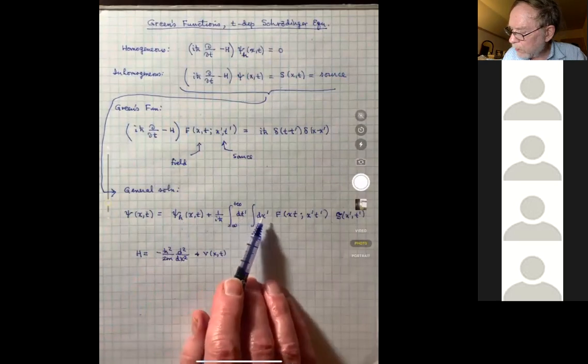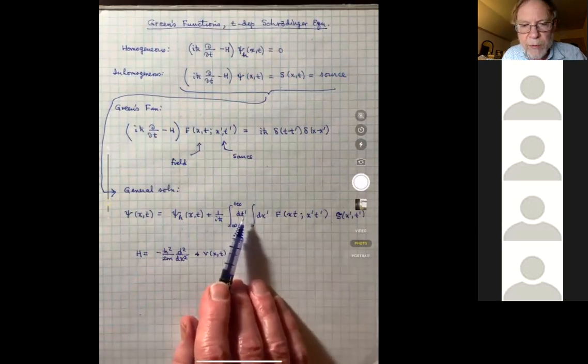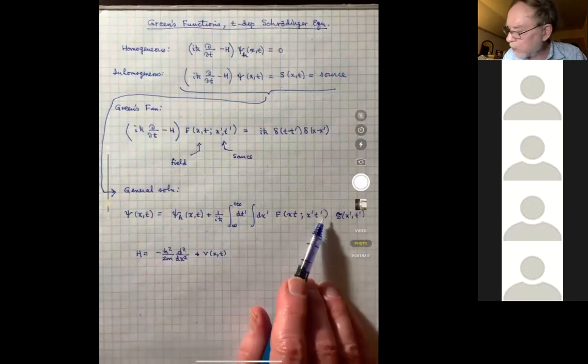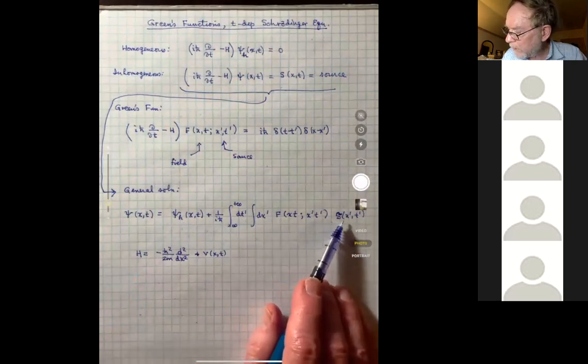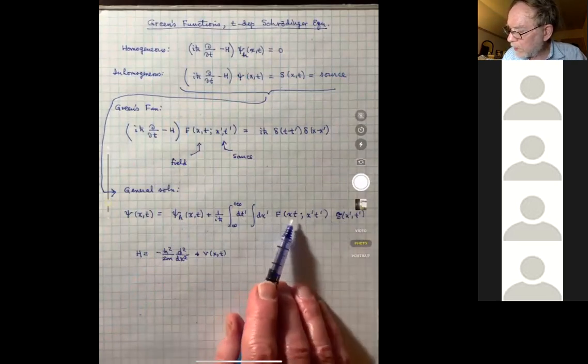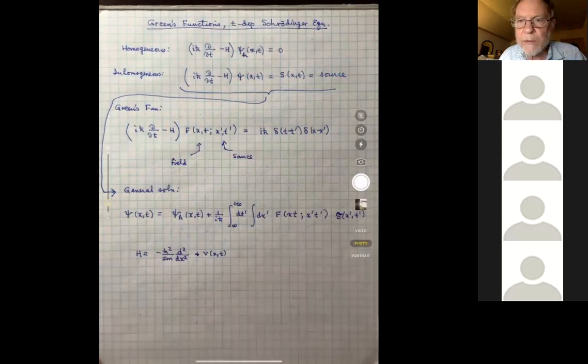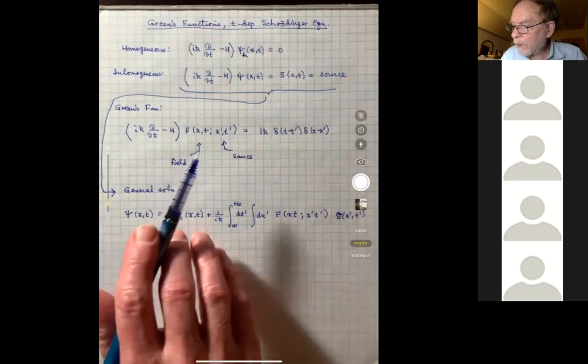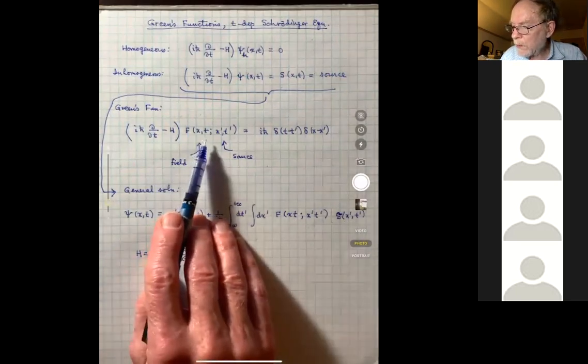The integral is taken over the source distribution, both in space and time. That's supposed to be an S here, for the source of x prime, t prime. Basically the Green's function is just the kernel of the integral transform that you carry out in order to get the final wave field. Okay. Now Green's functions are not unique because all it has to do is satisfy this equation.